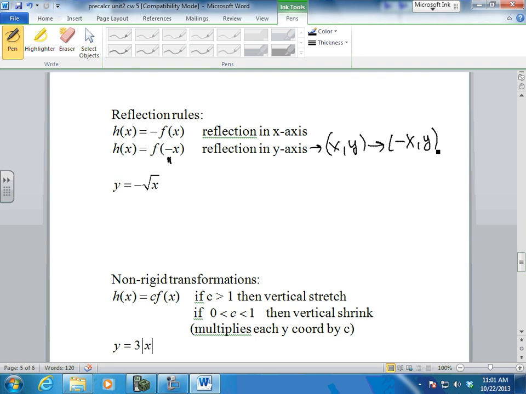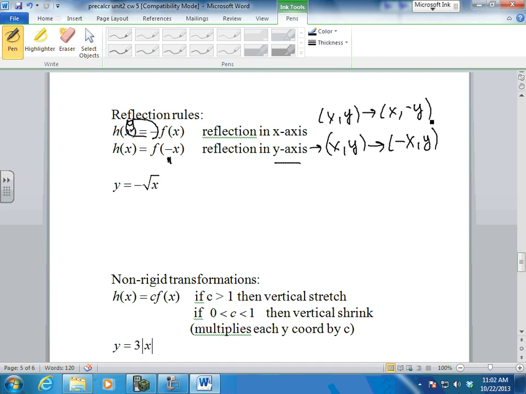Over the y. So if you see me doing this with my fingers, because I'm saying to myself, if my x goes from positive to negative, where is my reflection? Over the y. If this is not changing, the x does not change, but the y becomes negative, go like this. From positive y to negative y, where is the reflection? In my x-axis.